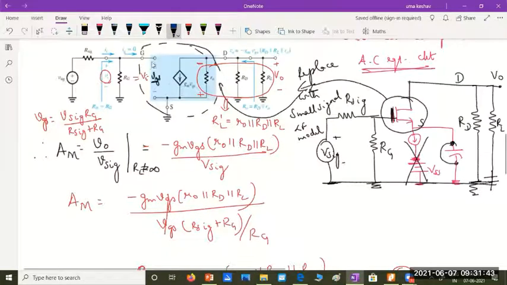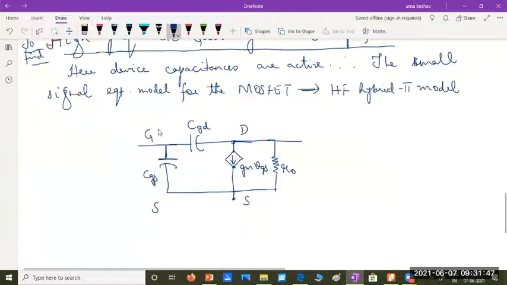But at high frequencies, there is a capacitance coming into the picture. So CGS is that gate to source capacitance which is active. Now, between the gate and drain, there is another capacitance coming into the picture, CGD. This is our simplified high frequency model.